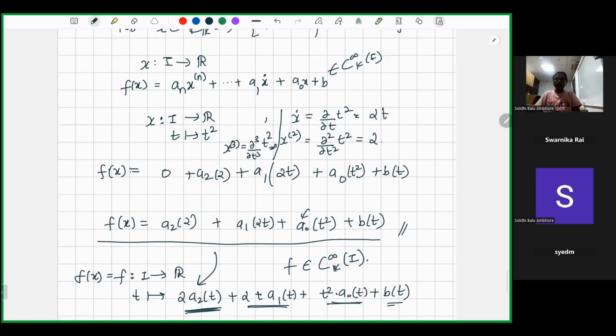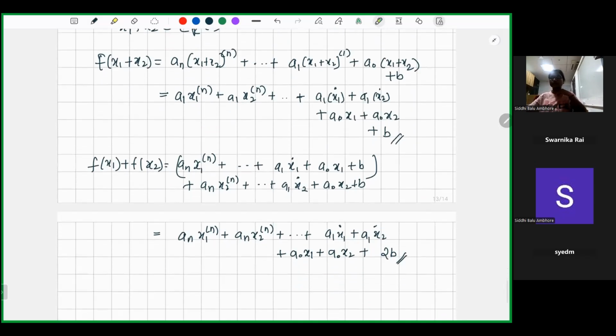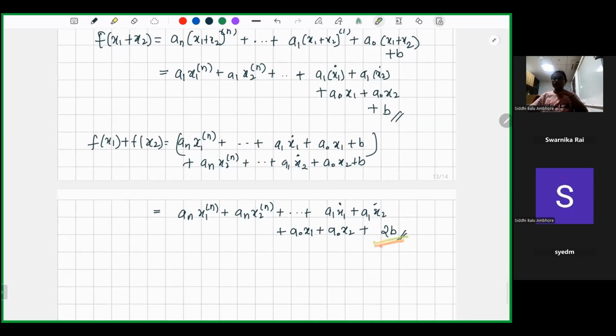So when I define my f like this, it is not linear in general because additivity fails like this.